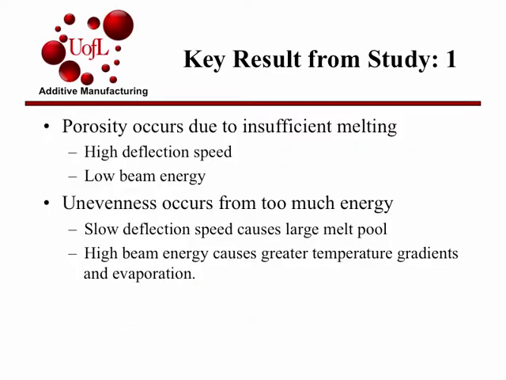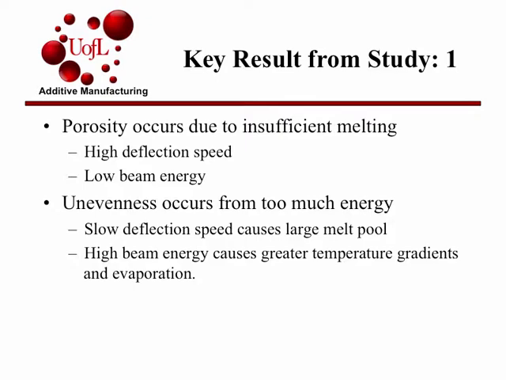So they theorized that the porosity occurs due to the beam moving too fast, or too high deflection speed, or low beam energy, which kind of makes sense if you don't get sufficient melting from either moving way too fast or not having enough energy into the material.